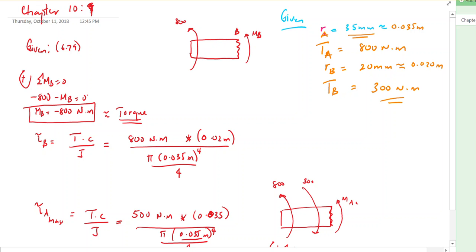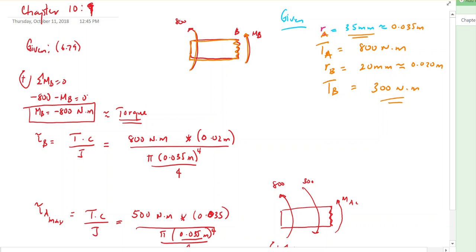Okay. So what I did typically was I just did a section cut. This is my cut right here, because I need to know internally what's going on at B. And now I chose at B to be counterclockwise.